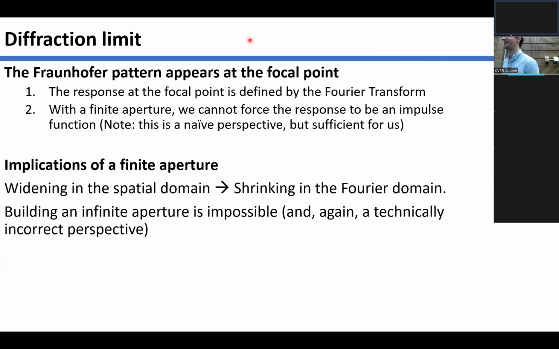Now, technically, an infinite aperture is impossible, so you're never going to get around this diffraction limit. But that's why we make our apertures really big when we're trying to image something far away, because we need to shrink down that pattern as far as we can. So if I make it big in the spatial domain and take the Fourier transform, it becomes small in the Fourier domain. That's the idea.